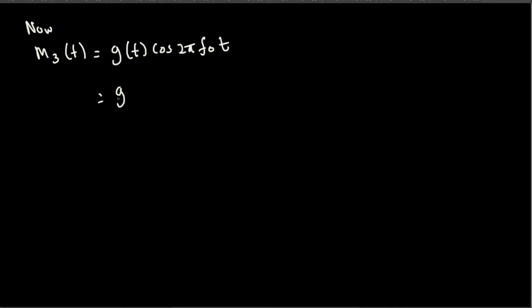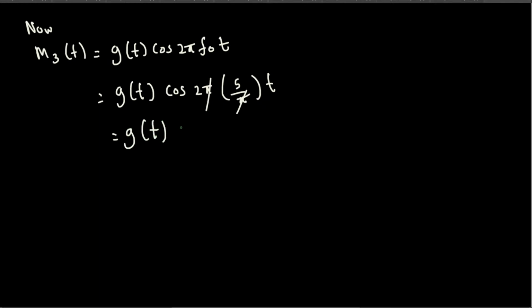So this is going to become g of t cos 2 pi multiplied by 5 over pi t. So pi cancels. We end up with something similar to what we had before, that is cos 10 t.